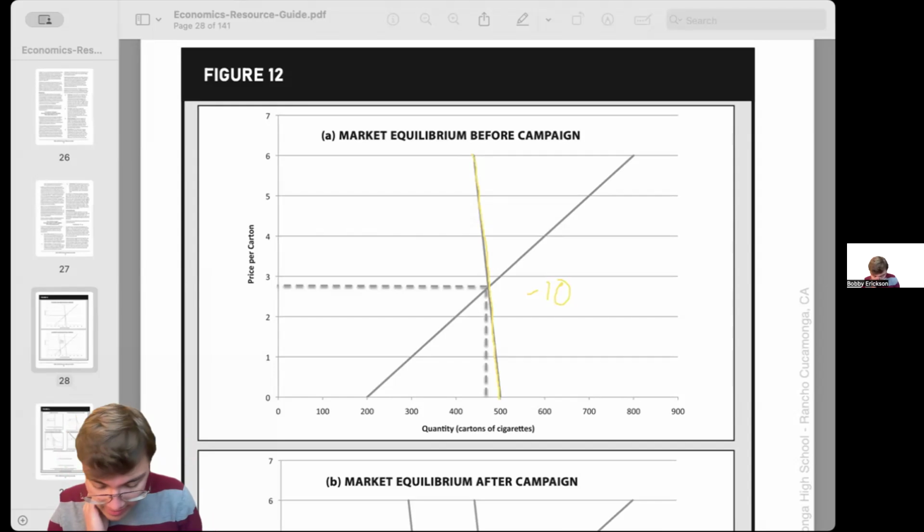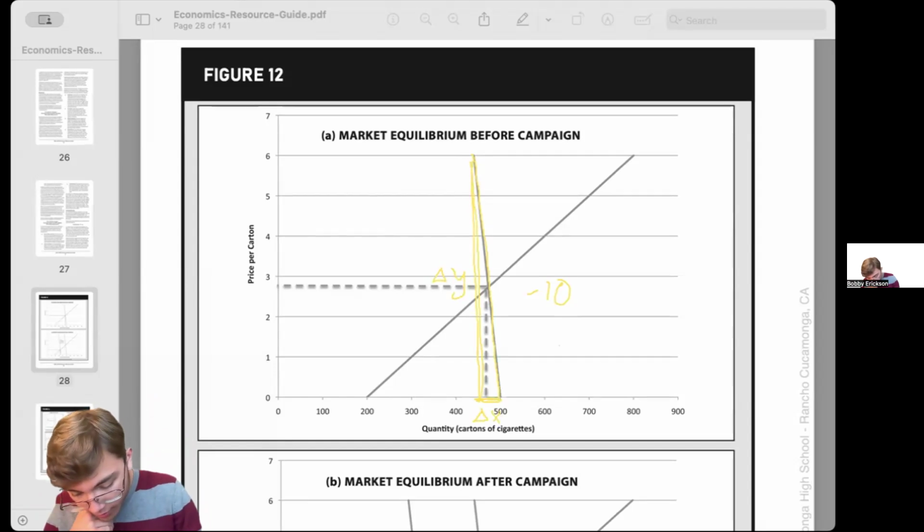But the elasticity is actually going to be very low because instead of slope, we have the change, delta just means change, the triangle means change. And then delta x is going to be very small. So we know that the percent change in x divided by the percent change in y is equal to the elasticity.